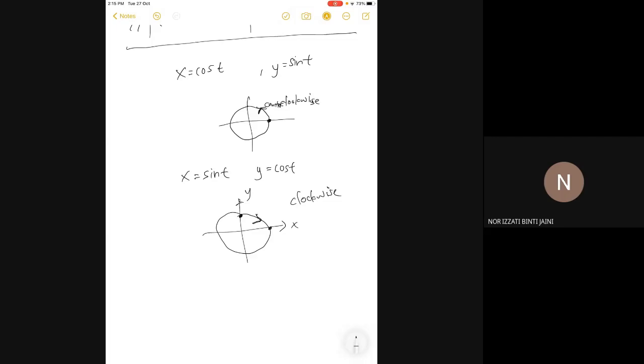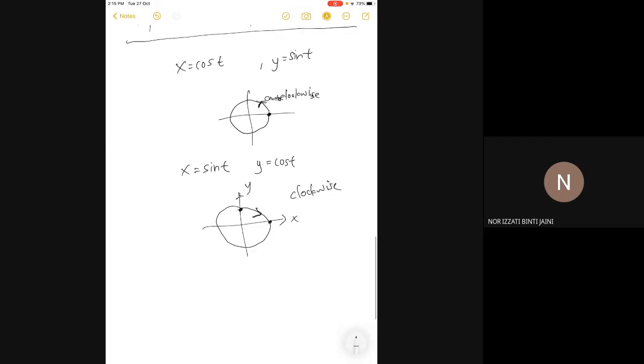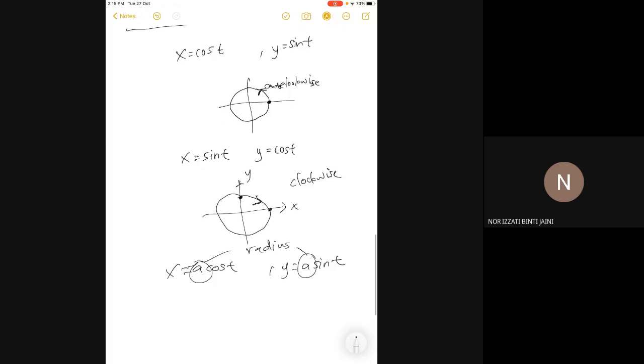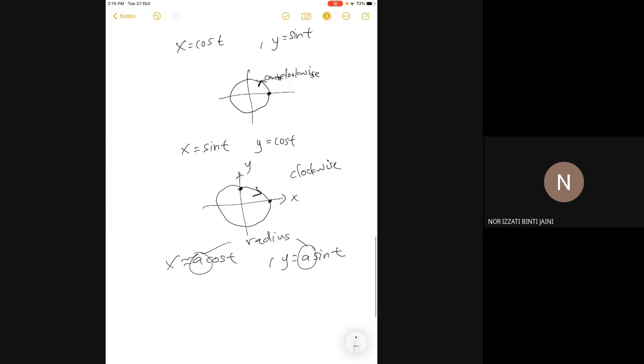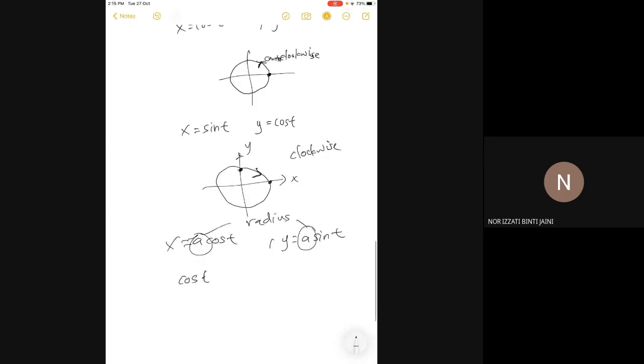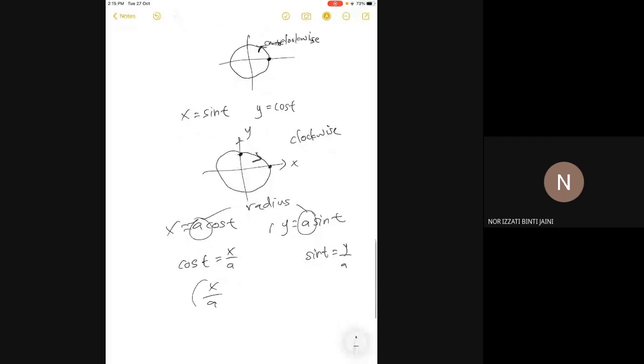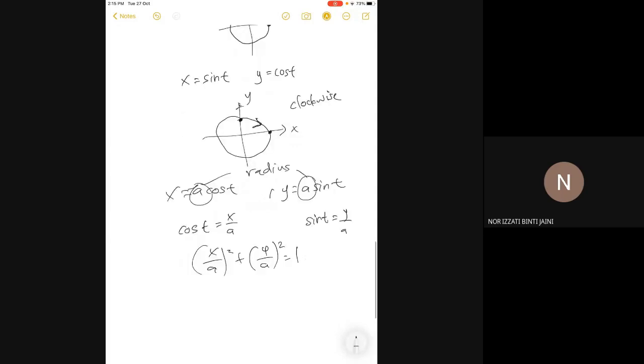What else? If you have x equals a cos t, y equals a sin t, the a will be the radius. Because when you eliminate the parameter, you will have (x/a) squared plus (y/a) squared equals 1, then x squared plus y squared equals a squared.